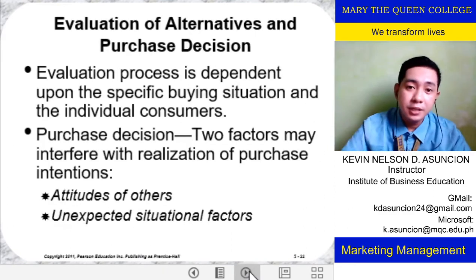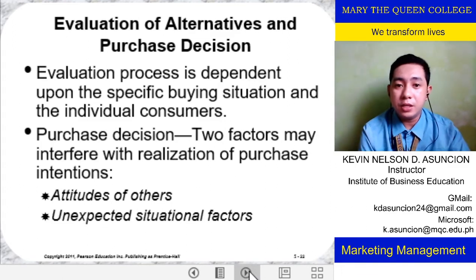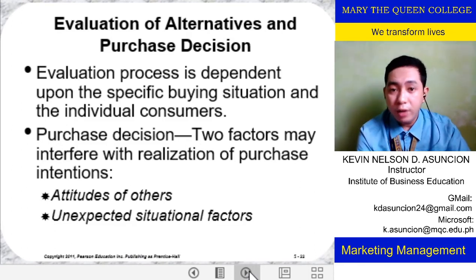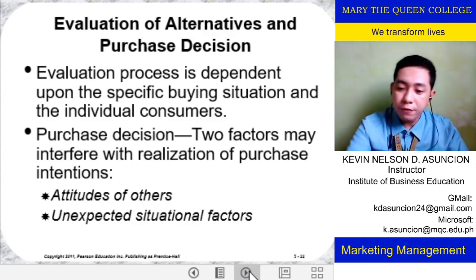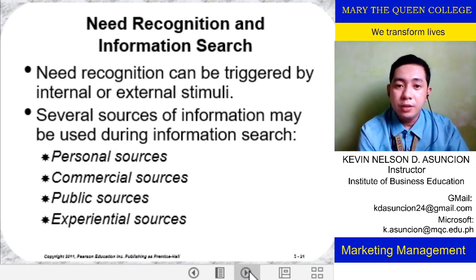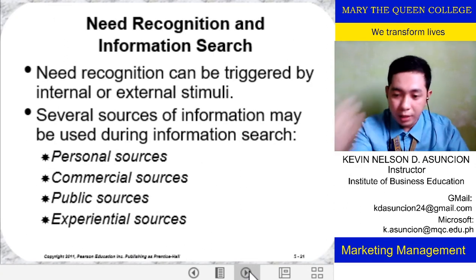So, evaluation of alternatives in your purchase decision. The evaluation process is dependent upon the specific buying situation of individual consumers, wherein the first two steps depend on you and also on what market you have.